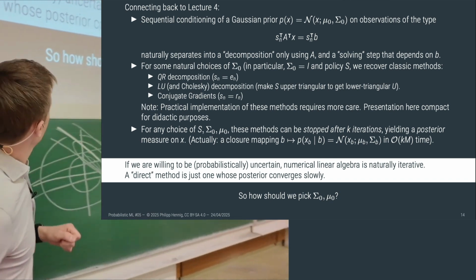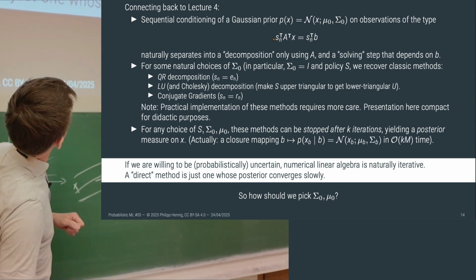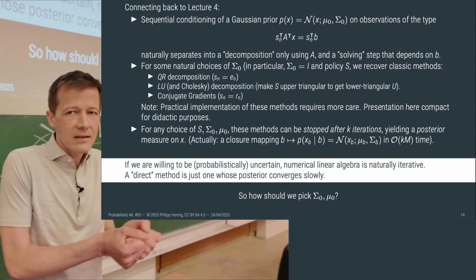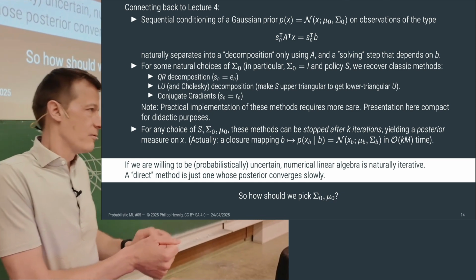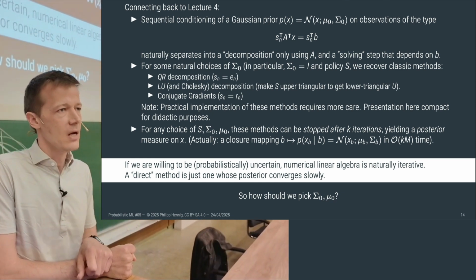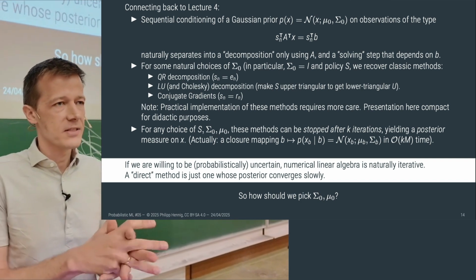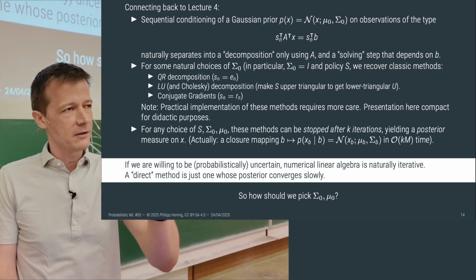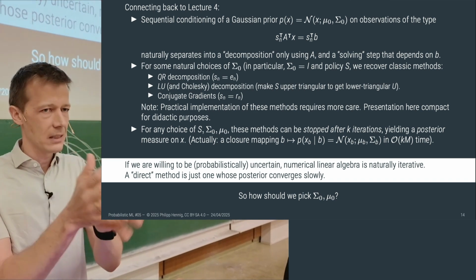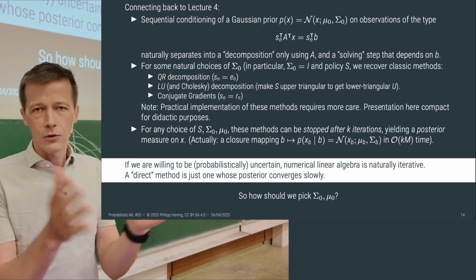And we realized that we can get all of these different models and methods by picking particular policies, building a little active learning machine that follows some policy to select views onto the data set. If we do the naive thing and just select one entry in the data set after the other, so if the S's are just the elementary basis vectors, then we get the QR decomposition.